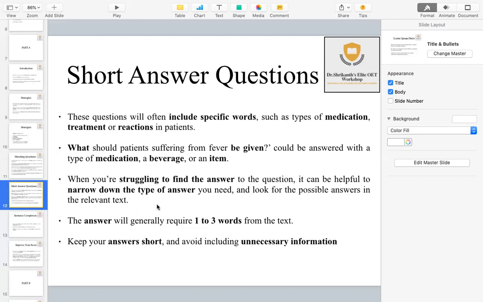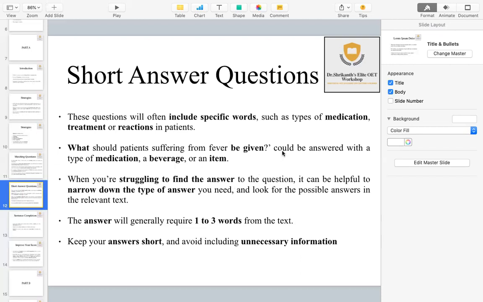There are different types of specific answers like medication, treatment, or reaction. So after you read the question, if you're struggling a little bit, just try to figure out what type of answer it is. Is it a medication or a beverage or an item or a treatment, or what type is it?